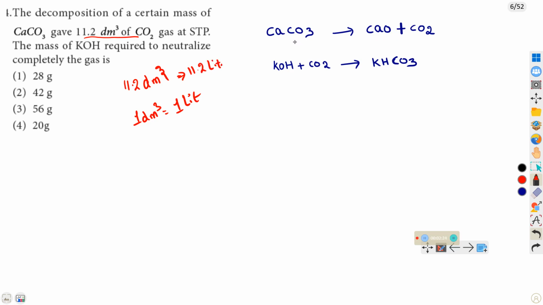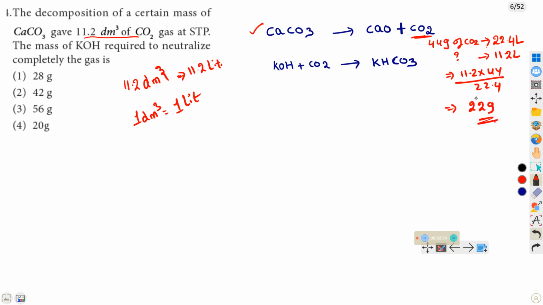According to the first equation, CO2 molecular weight is 44 grams. 44 grams of CO2 occupies 22.4 liters volume. Then 11.2 liters of CO2 weight is question mark. 11.2 into 44 by 22.4, that is equal to 22 grams. CO2 weight is 22 grams.